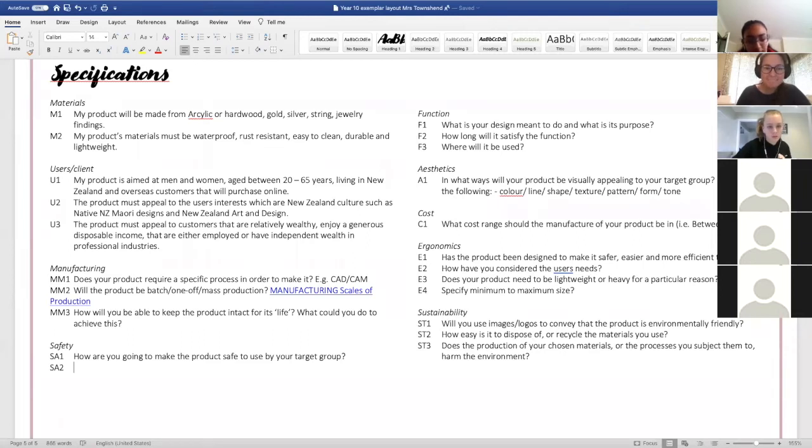We could just put labels on it and be like, "Don't sleep with this on." Yeah, my product must include safety hazards or choking hazards for customers that have young kids. So that's another thing to think about.